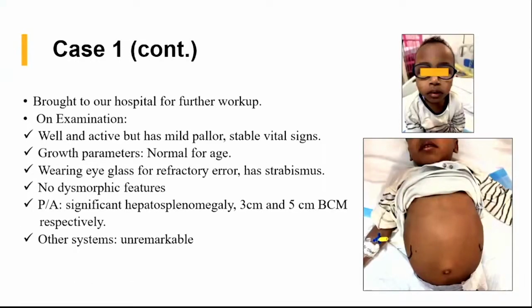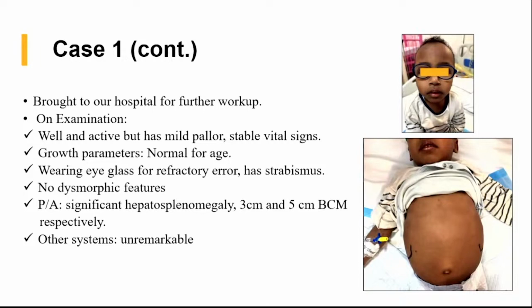So this is my patient. They brought him to our hospital for further workup, and you can see in examination he is wearing eyeglasses, although he's a little boy. He was well and active, but has mild pallor and stable vital signs. Normal growth parameters. He was wearing eyeglasses because of refractive error, and he has strabismus.